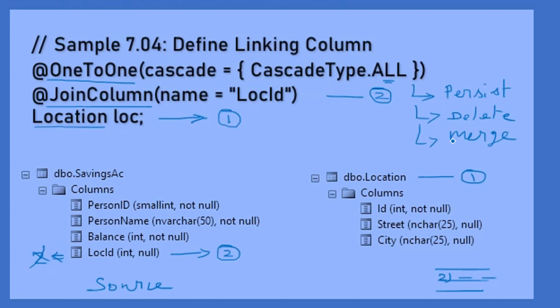Merge, we know the merge method of entity manager will perform the state change, like it converts the unmanaged entity into a managed entity. So when such a state change happens, it will get cascaded to the pointed column as well.